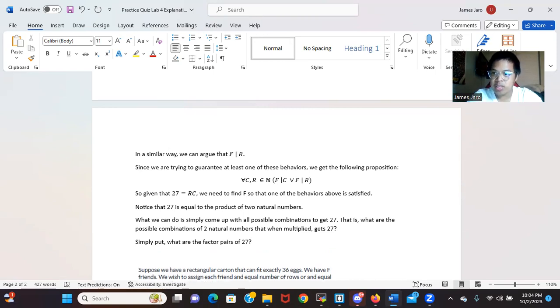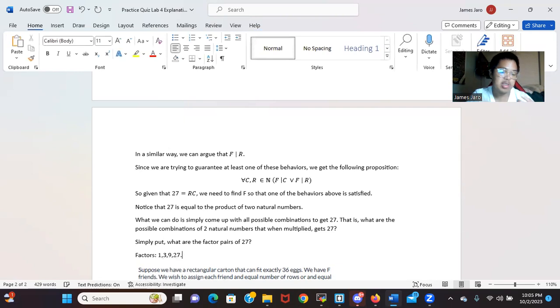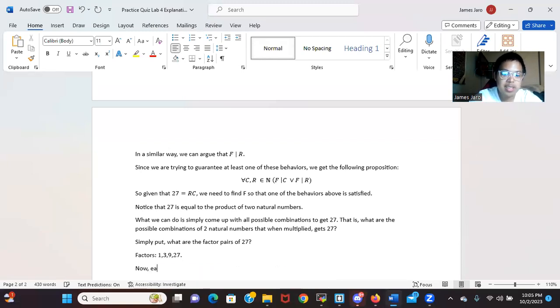If we try to factor 27, what we get are the following factors: 1, 3, 9, and 27. We're just coming up with all possible factors that 27 is divisible by. Now, each of these factors are grouped in two, because multiplying a factor by itself doesn't result in 27.